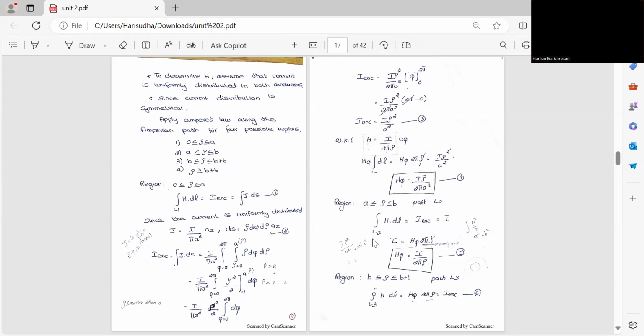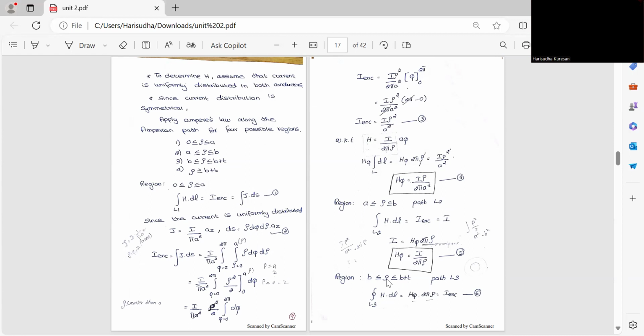Therefore, in Ampere's law for path L2, the closed integral of H dot dl is equal to the enclosed current, which is simply I. Since it is a circle, H 2 pi rho equals I. Therefore, H phi will be equal to I divided by 2 pi rho.